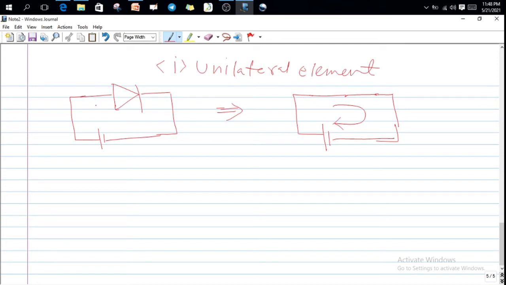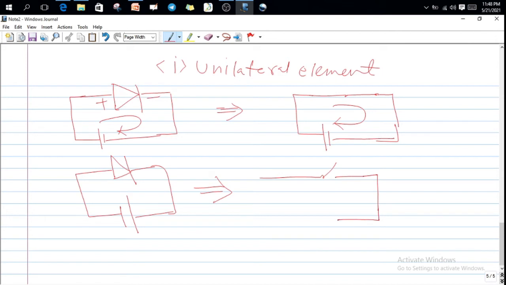But in the case of reverse bias, when I apply the voltage across it, you could see the equivalent diagram. Our circuit will be open because our diode is going to be off. Then there is zero current.